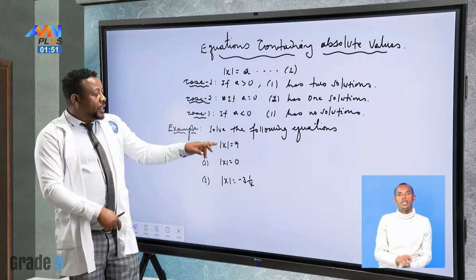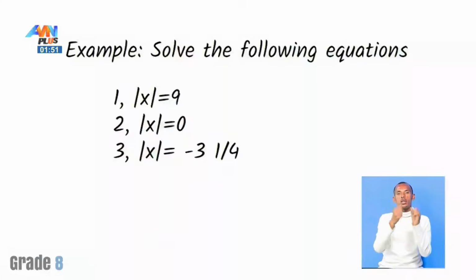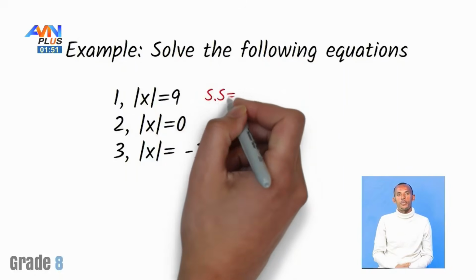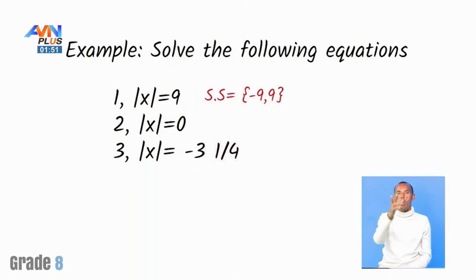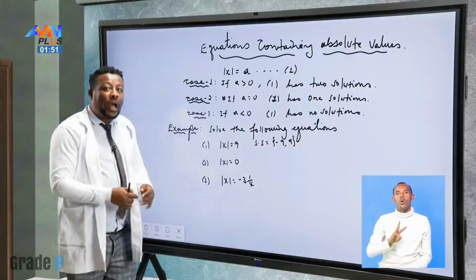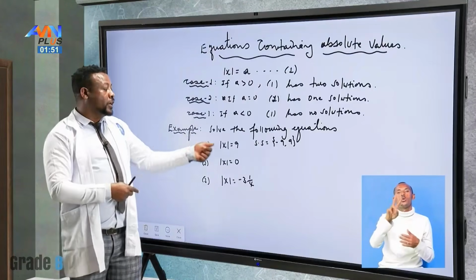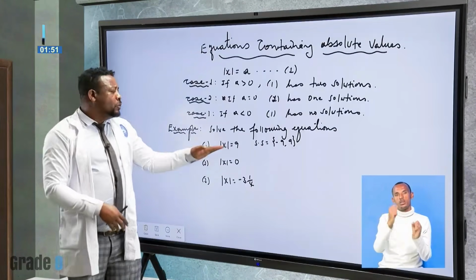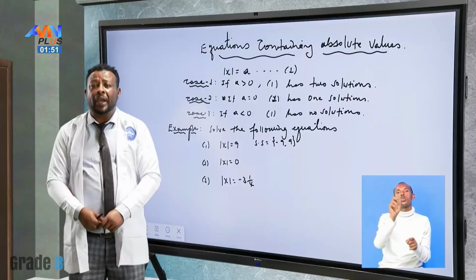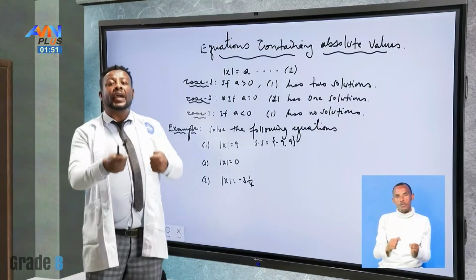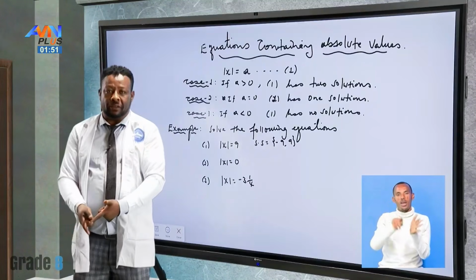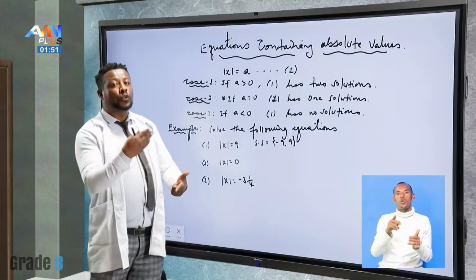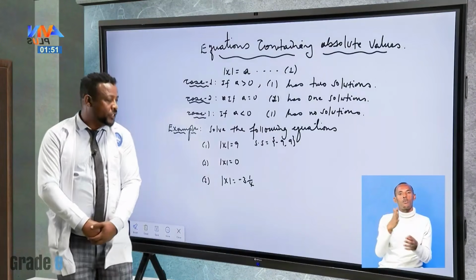So this x can be minus 9 or 9. Okay, we will have two possible values for the first equation. If you make it the absolute value of x equals 20, the possible values of x will be 20 and minus 20, right? This is how you need to respond to this kind of question.